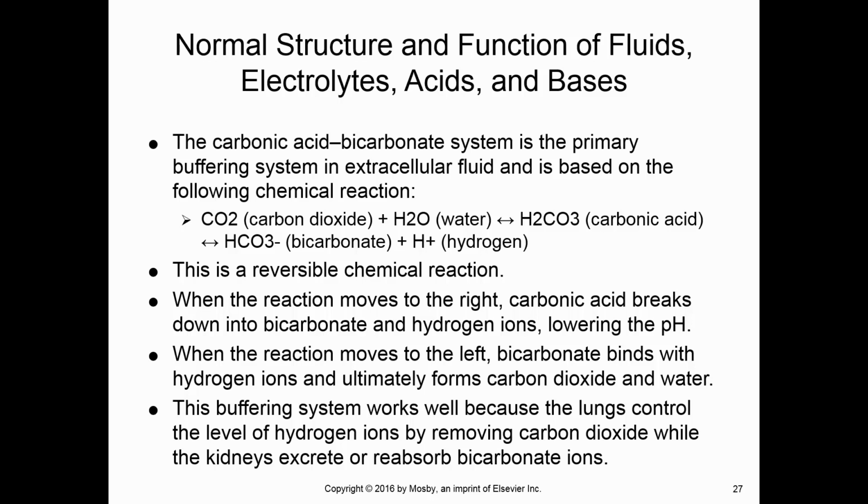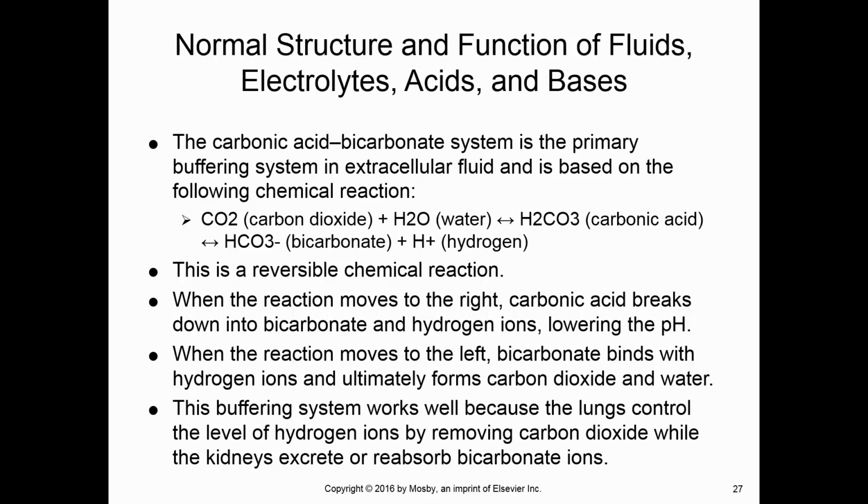If you are either too acidotic or too alkalotic, this can work in reverse both ways. It can alkalize an acidotic system, or it can acidify an alkalotic system. So it can go both ways.